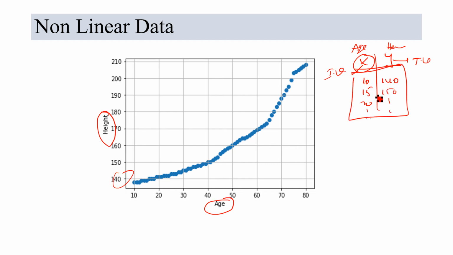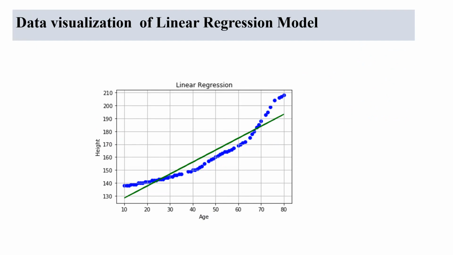This data looks like this. The data can be scattered like this. So this data is a nonlinear data set. Here the blue dots are the nonlinear data set.